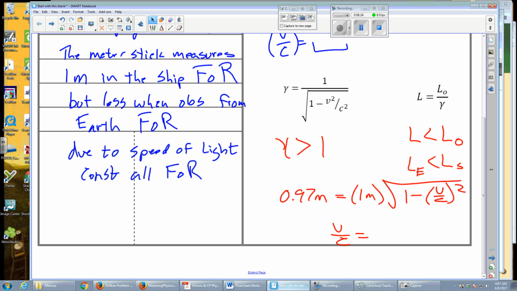And that will be the answer they're looking for, because they want v in terms of c. So, there you go, that's it.